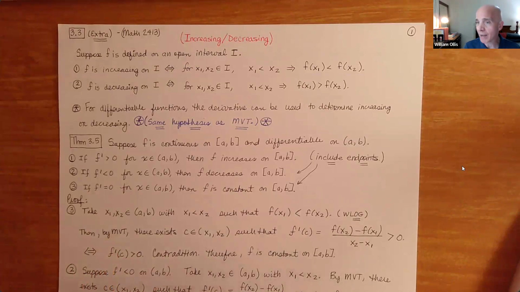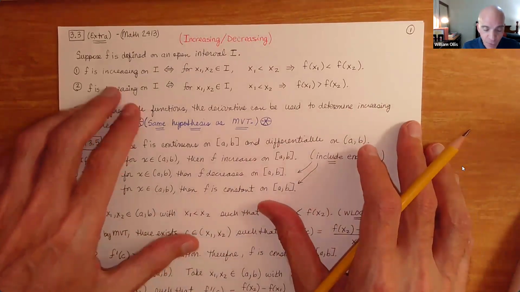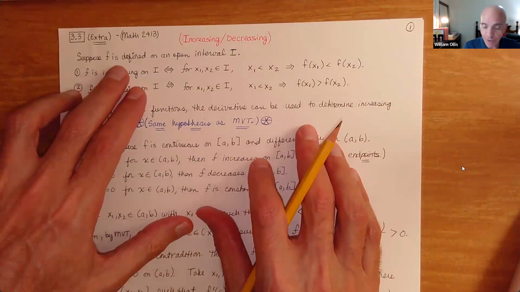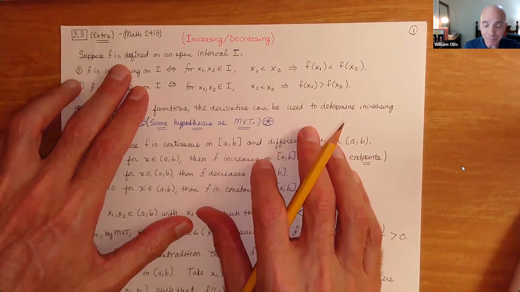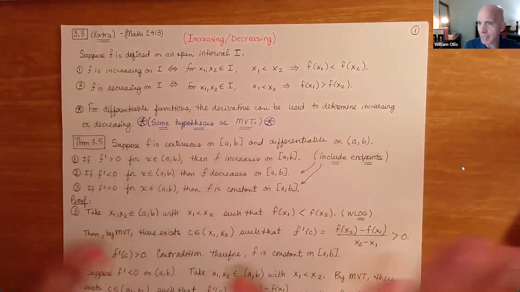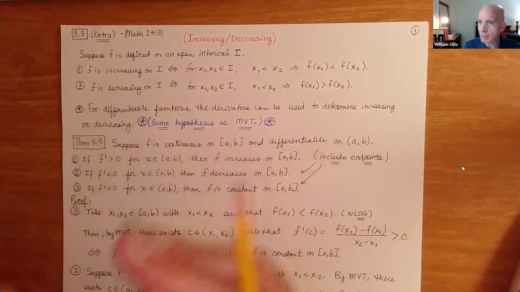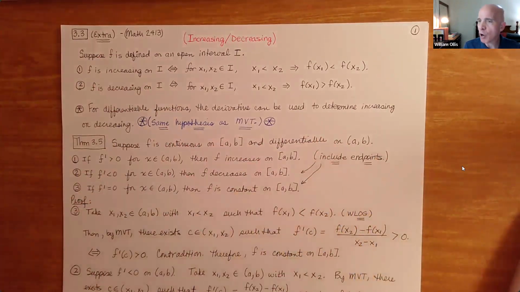Now you see why these definitions were afforded at that point, so you can use them now in the calculus. So let's assume that f is defined on an open interval I, which is a convenient way to discuss the calculus.